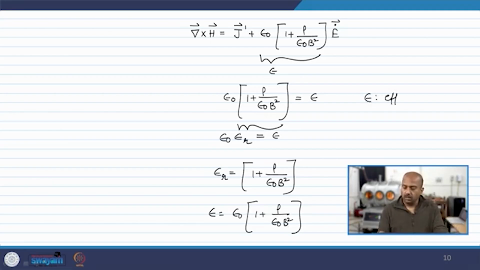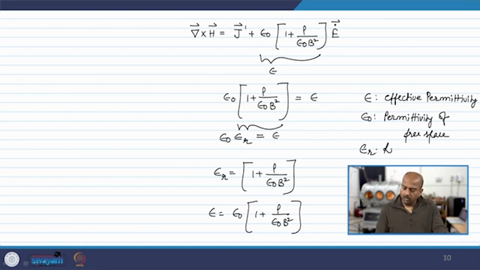It is the effective permittivity, epsilon naught is the permittivity of free space, epsilon r is the relative permittivity. So, if you have studied any fundamental courses on electrodynamics, all of these terms will be very much familiar to you.